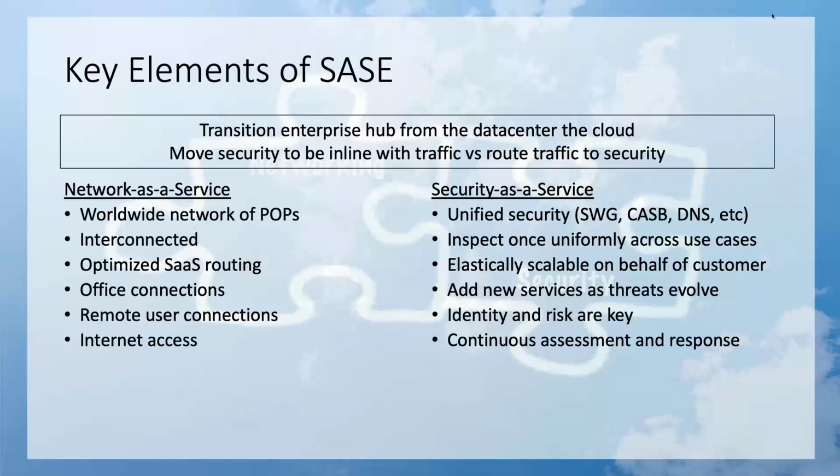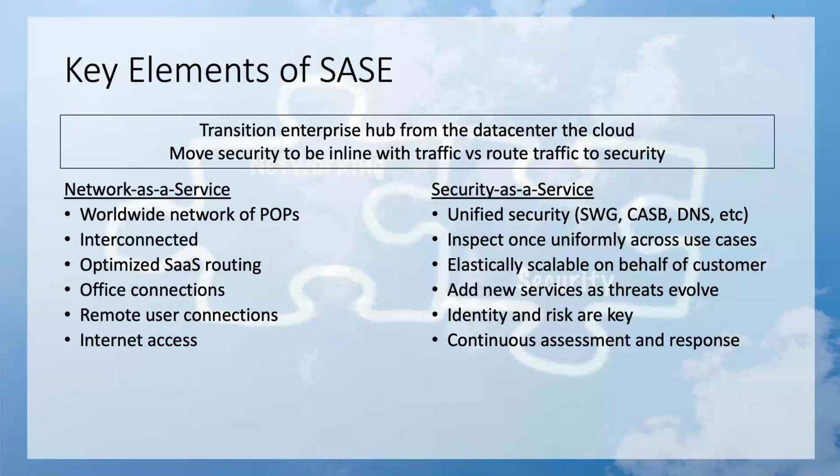CASB concepts, looking at access control and DLP, your typical CASB value proposition, DNS filtering, providing DNS firewalling, and the list goes on, right? I can do advanced malware protection and cloud sandboxing, and provide that full security stack very uniformly across each of these deployment scenarios. And I can do it in a way that's very efficient, right?